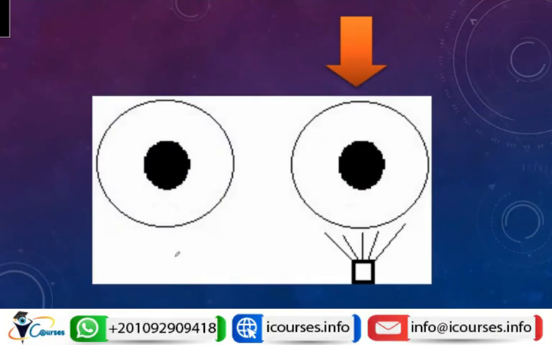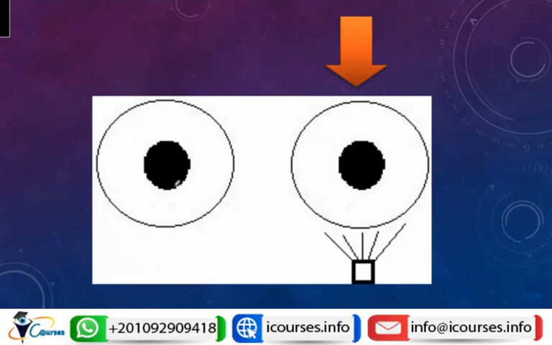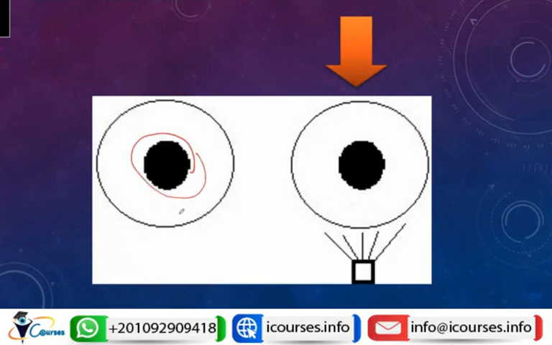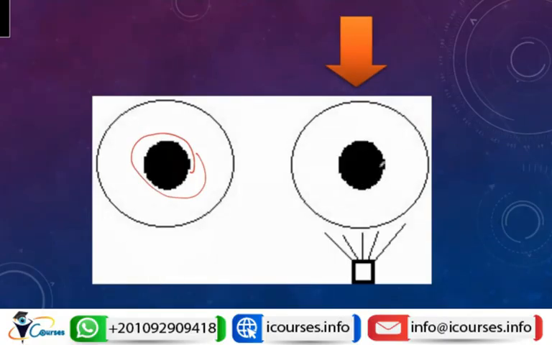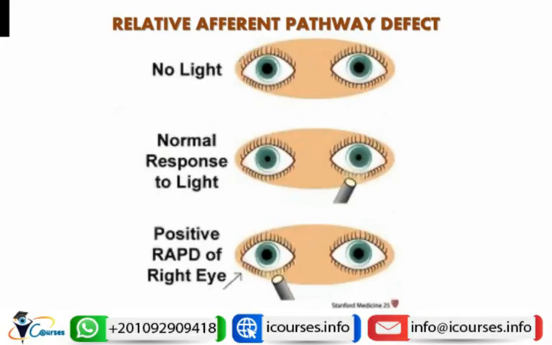Let's illustrate this. Let's see this animation. When we are shining the light into the right eye, it will constrict. But when we are withdrawing the light from the right eye into the left eye, it will dilate instead of constriction. So let's see in this diagram also, it will make you understand it better.